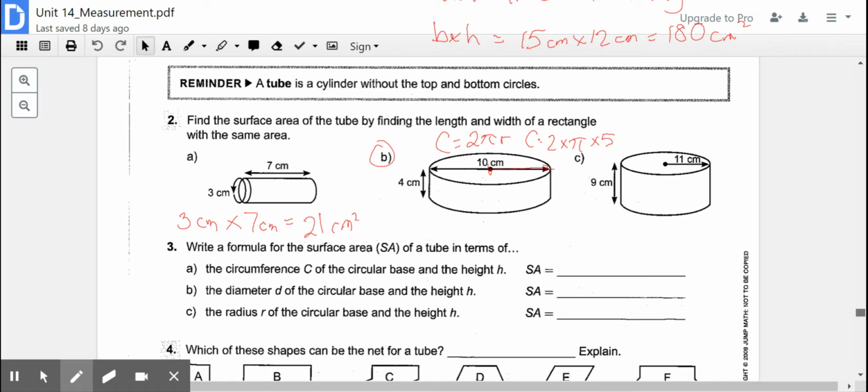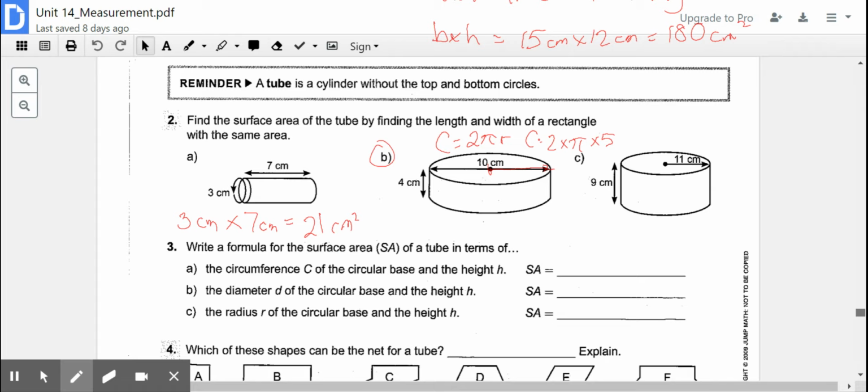So for this one here, I'll use my calculator, and I'll use the 3.14 for pi. 2 times 3.14 times 5. The circumference of that circle is 31.4. Oh, that makes sense because 2 times 5 is 10.